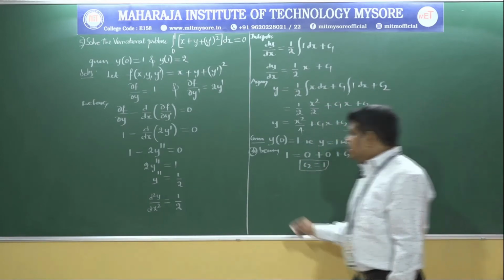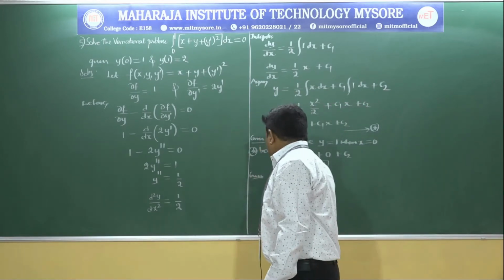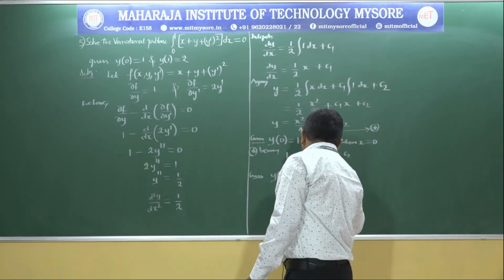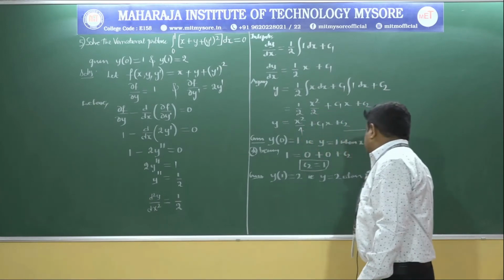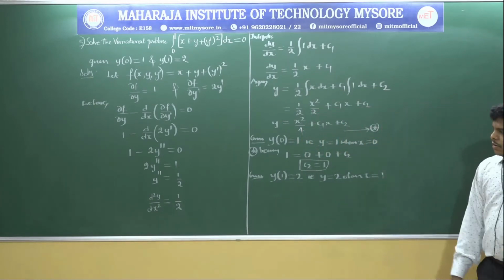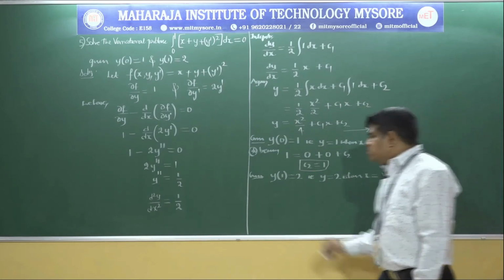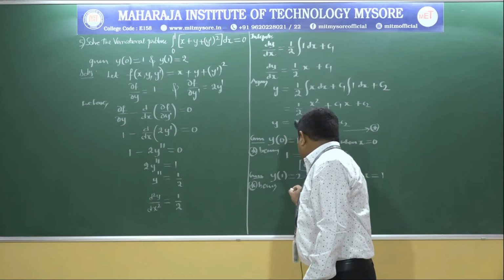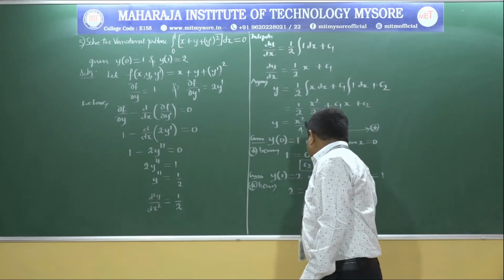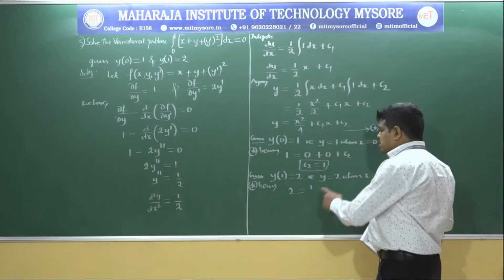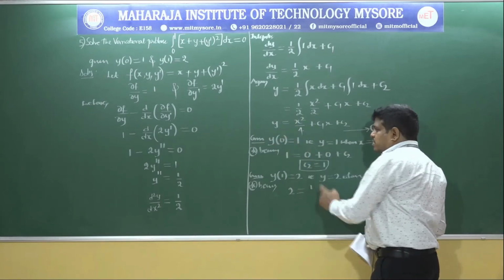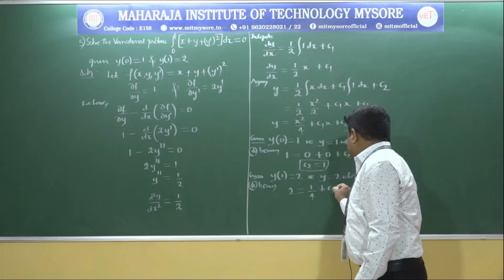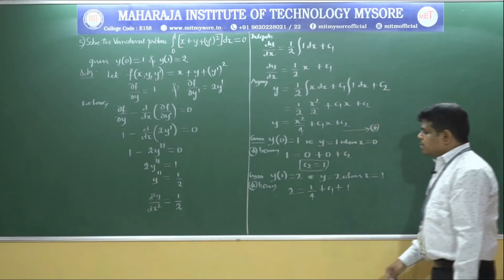Similarly, they have given another condition, that is y of 1 equals 2, that is y equals 2 when x equals 1. Again, substituting these values in equation star, you get 2 equals 1 by 4 plus C1, C2 value is again 1.